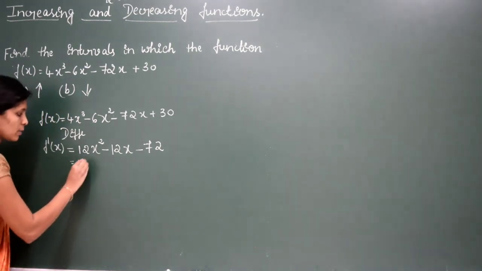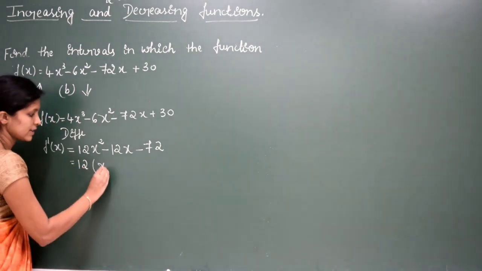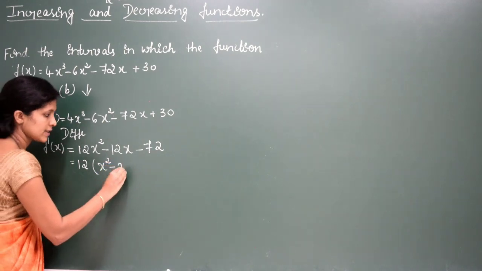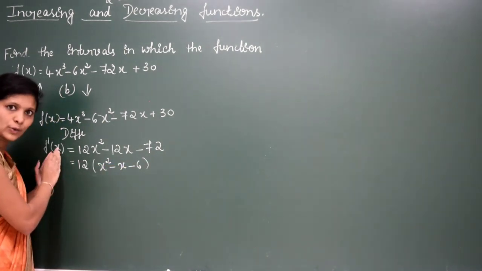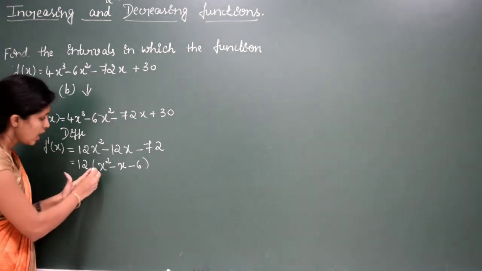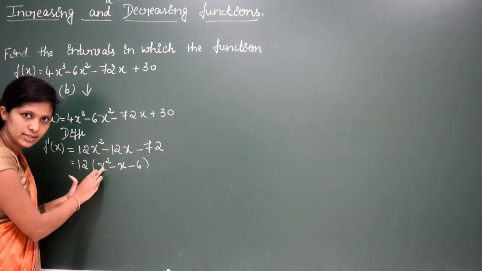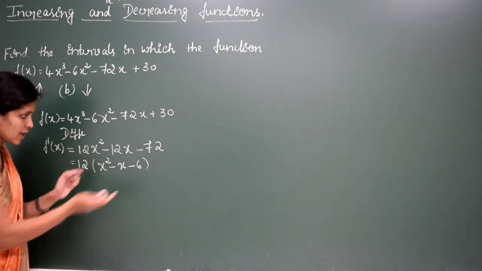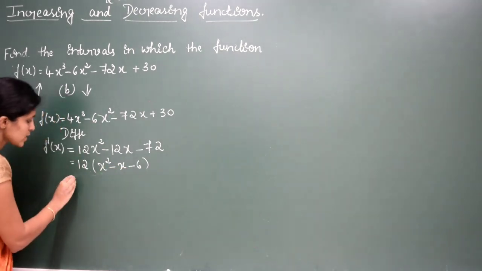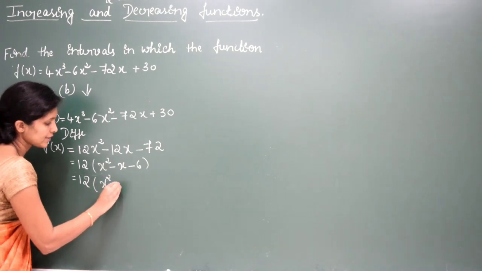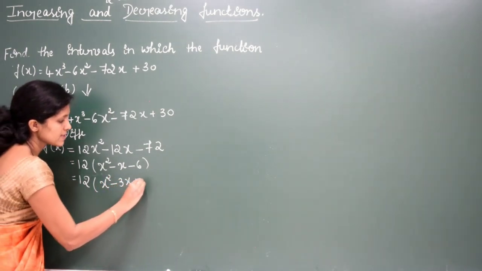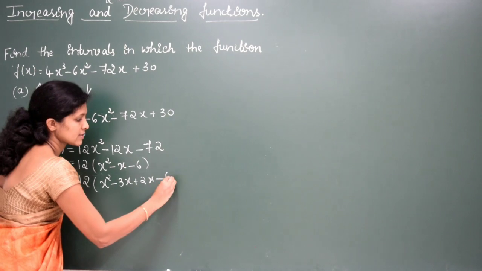Now here 12 is common, so we can write this as 12 into x square minus x minus 6. Is it clear? You have to equate this to 0. Obviously here a quadratic equation is there, so I'll get two values of x. Before that, we'll simplify this one. This can be written as 12 into x square minus 3x plus 2x minus 6.